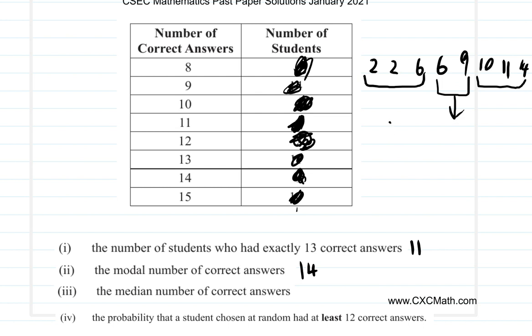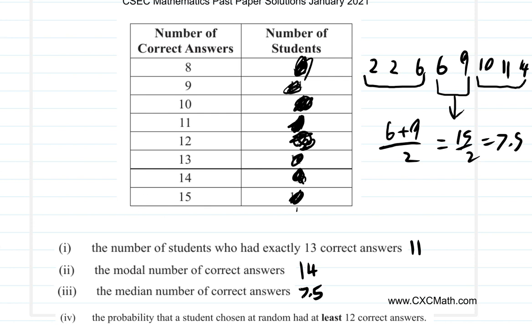The median is 6 plus 9 divided by 2. 9 and 6 is what? 15. 15 over 2, which is 7.5. So the median number of correct answers is 7.5. When you're dealing with median and mean, you sometimes end up with some fraction. The number of correct answers could not be a fraction, but that's what happens.